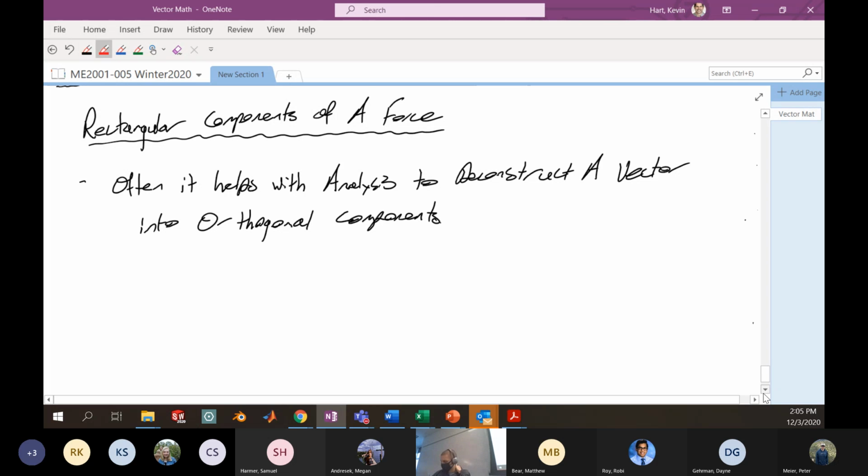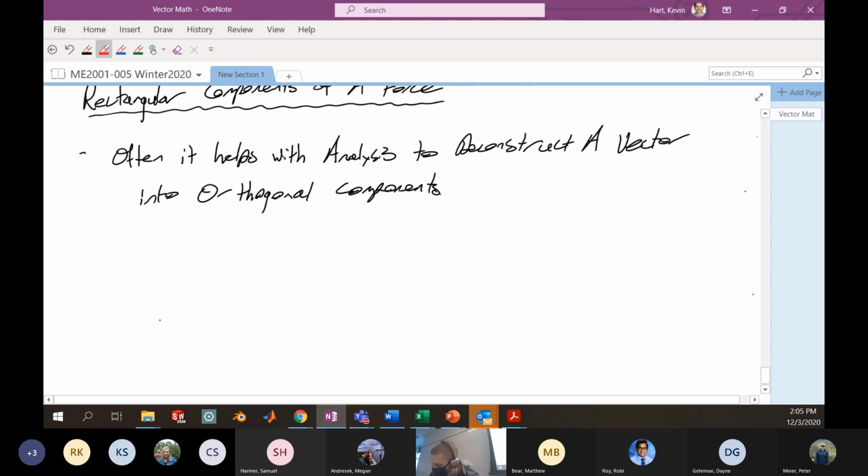Well, if we have some vector out in space, which is some vector P, I can break this into some orthogonal components by assigning some random axes in space, usually as you have done since you were like 10 years old. You break this up into an XY coordinate system.